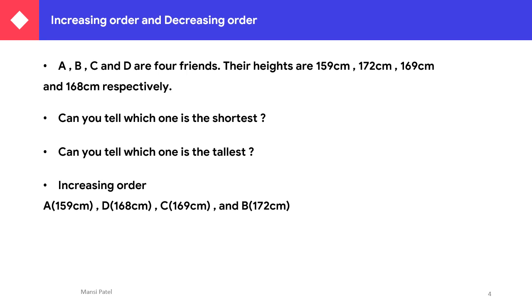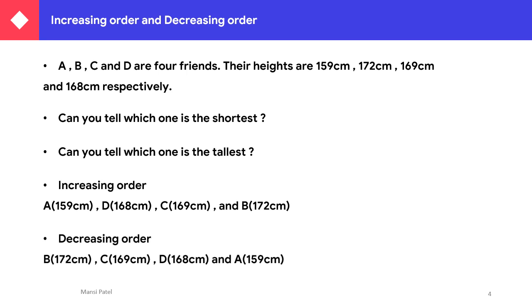Which one is the shortest? So we can say that A is the shortest because the height of A is smallest among these. Now, if we want to find out the answer of the second one, which one is the tallest? For that, we have to arrange all these heights in the decreasing order.